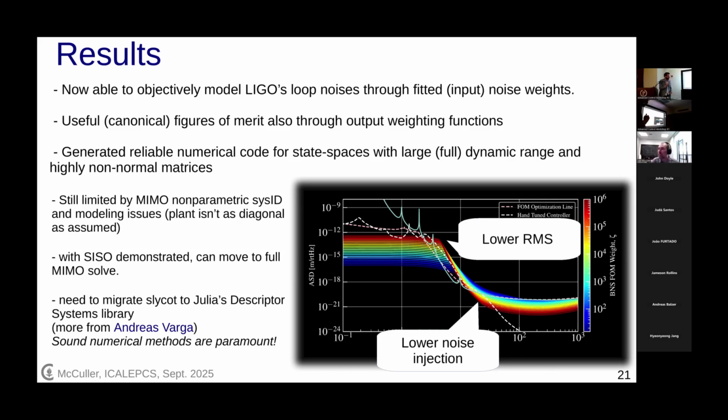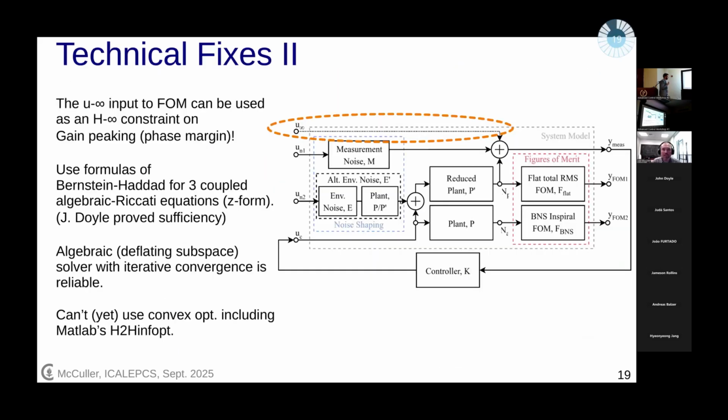Could you explain a little bit more in detail this technique of the input signal that you use for the H-infinity metric? Right. I'm surprised that this isn't more widespread, but basically, if you take this Z infinity here called U infinity, and you put it in here, you see that it's actually going around and it's just kind of measuring KP or KP prime here, but that's just the open loop gain.